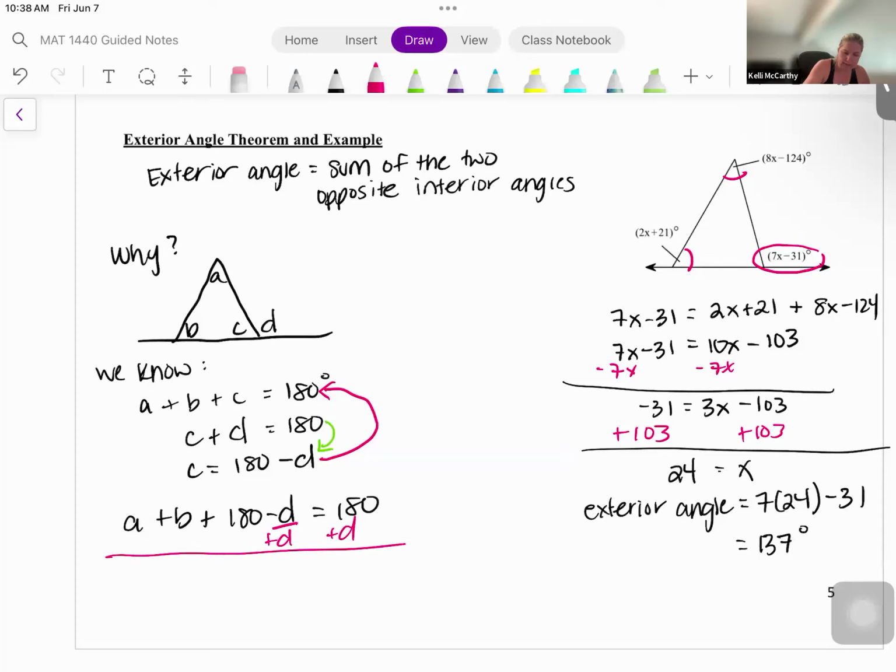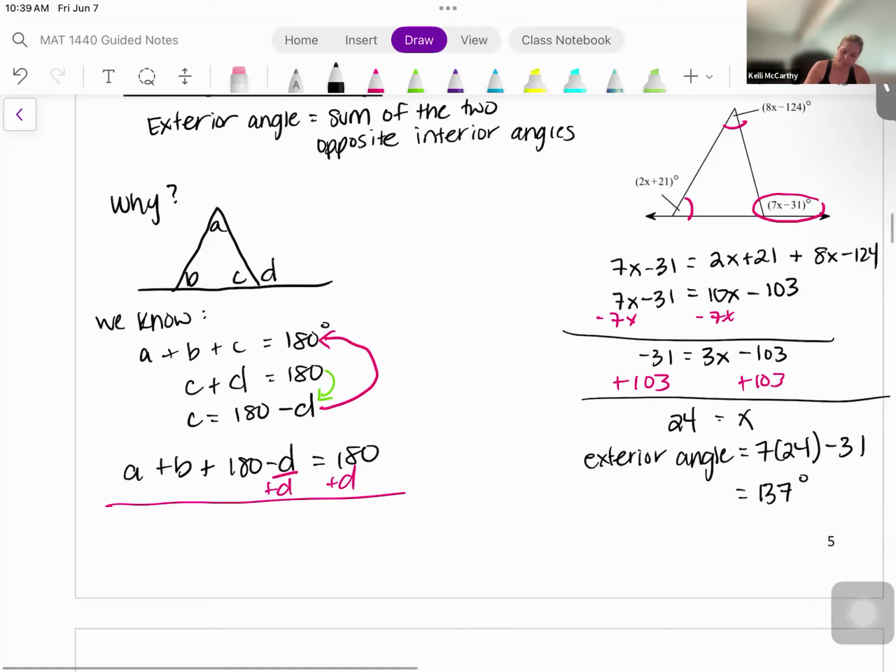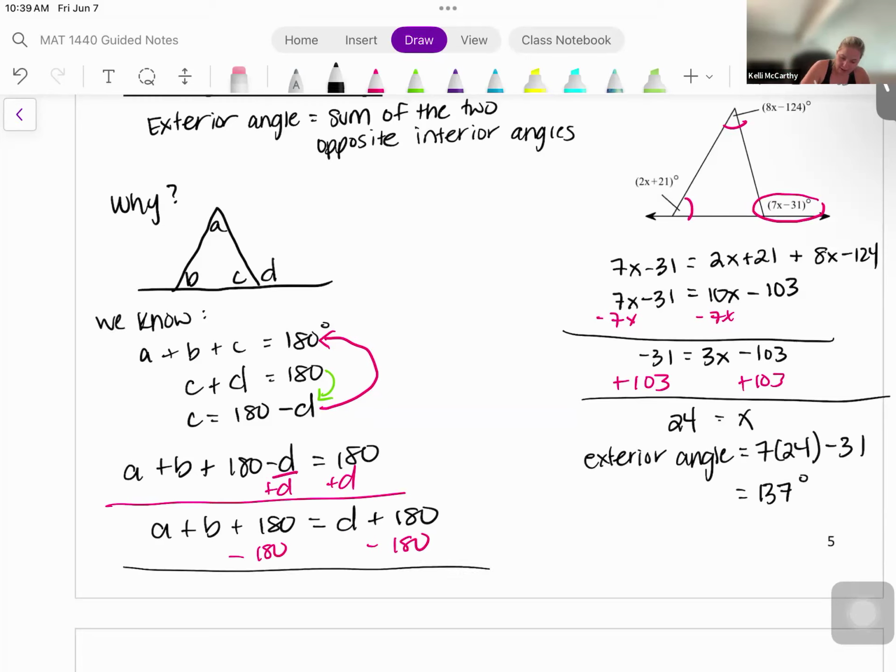That gets a nice positive D, which is great because, again, dividing by that negative 1 coefficient can sometimes lead to issues with signs. So we have A plus B plus 180 equals D plus 180. Subtracting 180 from both sides, we get that A plus B is equal to D. So again, here's A, here's B, and there's our exterior angle D.